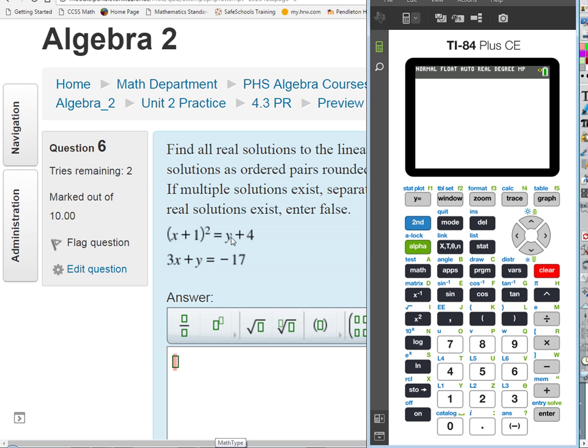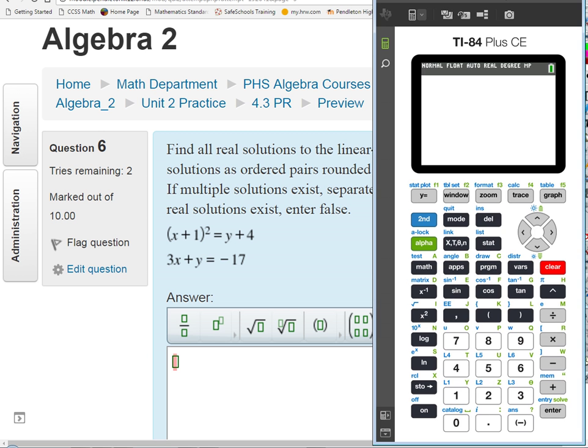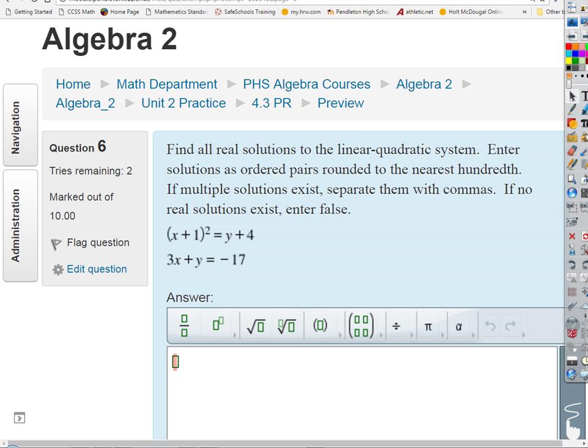So let's make the top one y1. If I get y by itself, I'm just going to subtract 4 to the other side. So what we end up getting is y equals the quantity x plus 1 squared minus 4. I don't have to simplify; the calculator does not expect that I will.